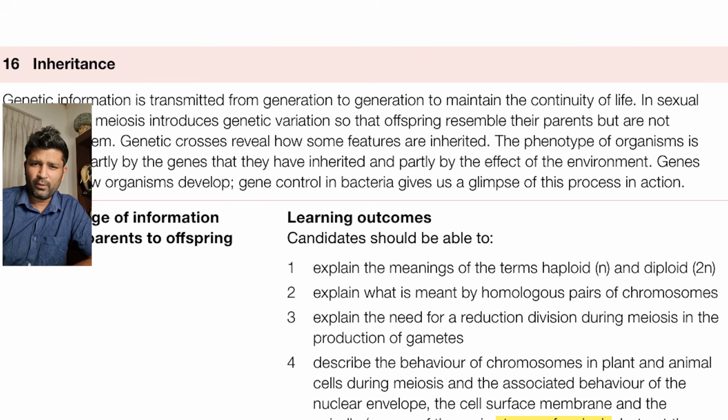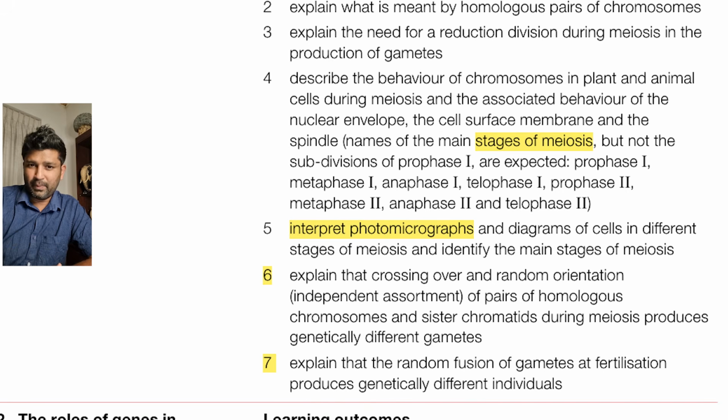Another area that you might want to go through are the stages of meiosis. Now, even in a recent paper, there was a photomicrograph of a few stages of meiosis asking about what happens and all that. But then again, you still need to be very thorough with this section, because when it comes to meiosis, there are so many differences when compared to mitosis, especially in meiosis 1.